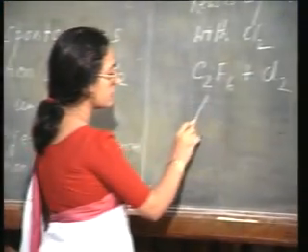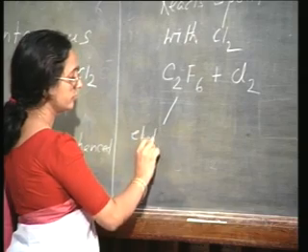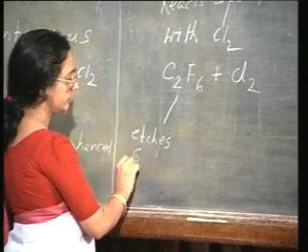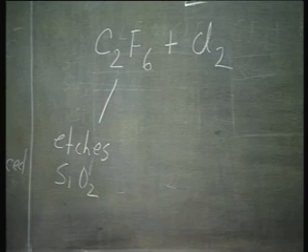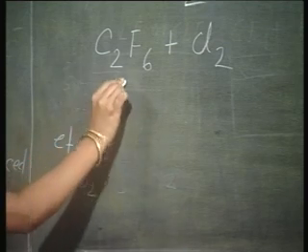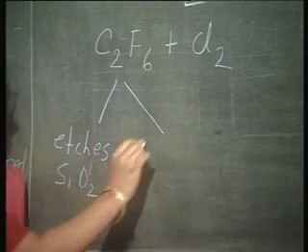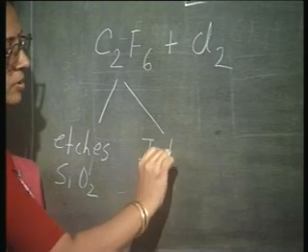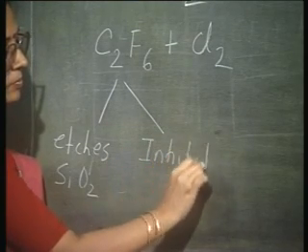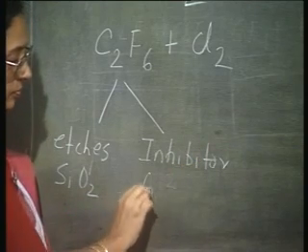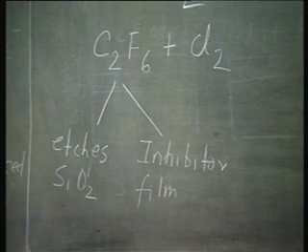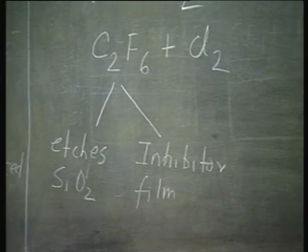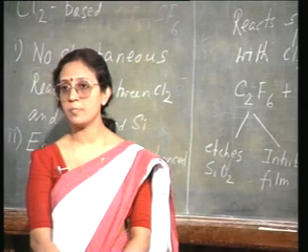One job is it etches silicon dioxide, the native oxide that is always present on any silicon surface. And secondly, it forms inhibitor film, so that you get very good anisotropy even when you are etching heavily N-type silicon.